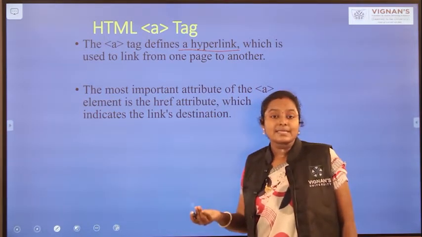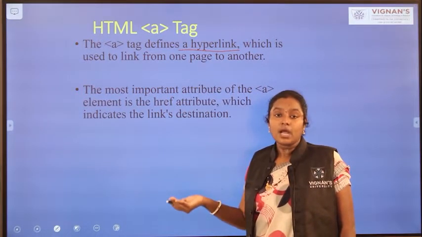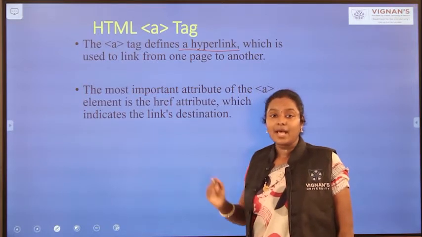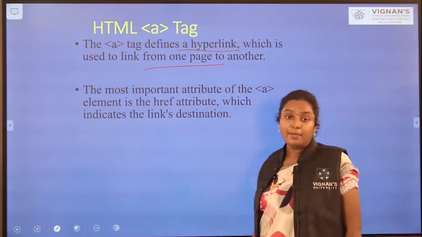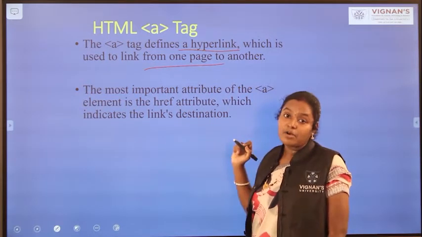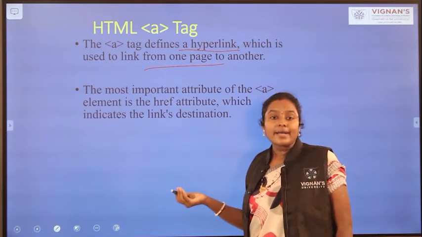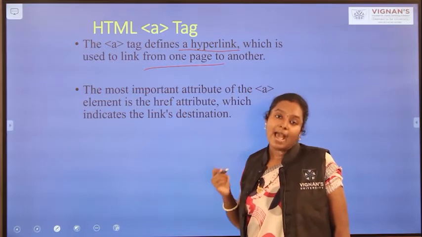We already discussed what is meant by hyperlink. A hyperlink is used by the user to navigate from one web page to another web page. Next, the most important attribute of the anchor tag. I already told you that for every opening tag you will have some set of attributes.